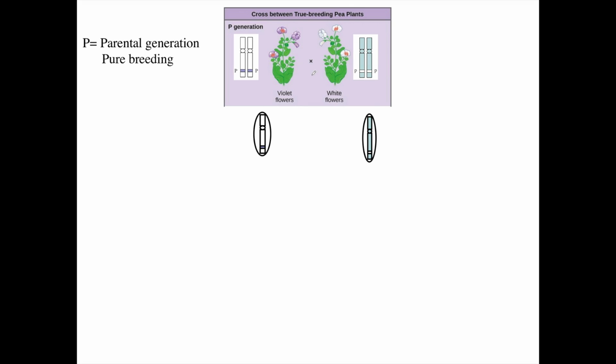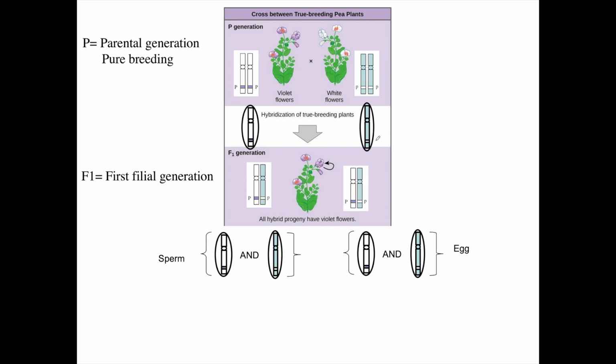So what happens during gamete formation? These two alleles are separated into gametes. How many different types of gametes does this parent produce? Only one. How many different types of gametes does this parent produce? Only one.